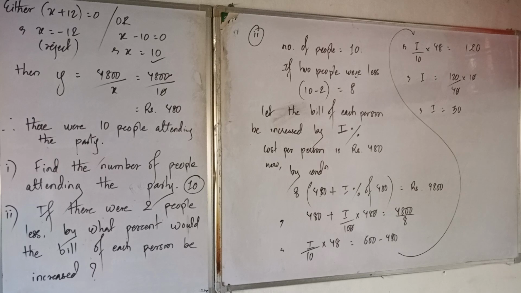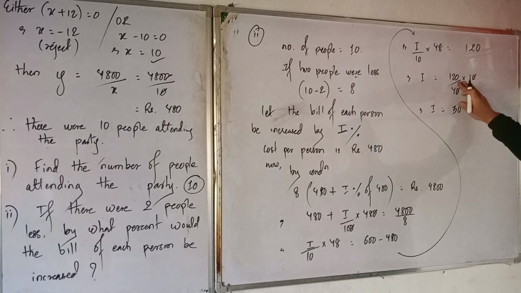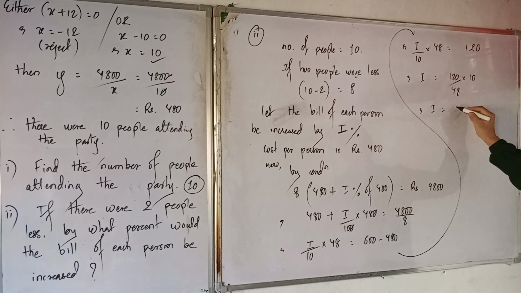Okay, actually I got it wrong here. Actually here should be 48. Then on further simplification, the value of i you get is 25.